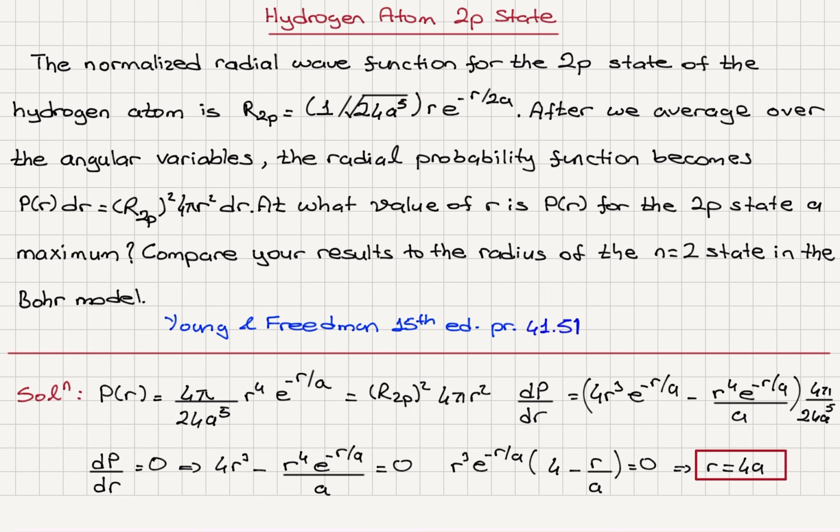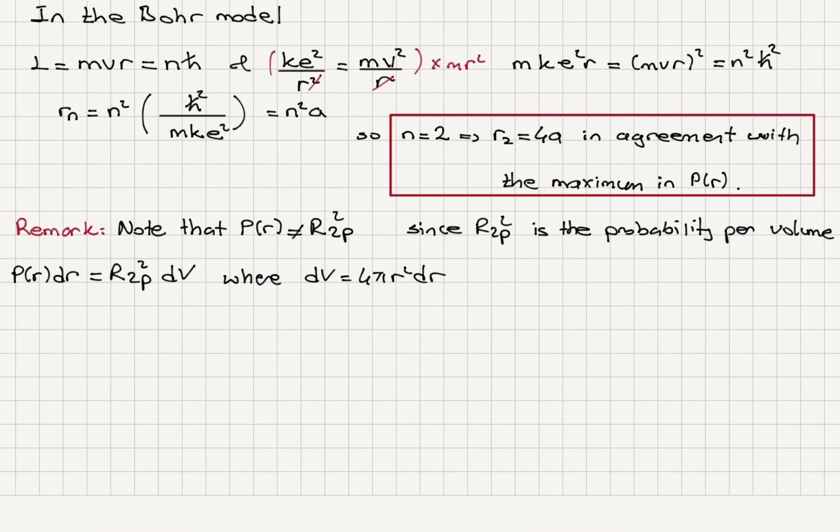We found the maximum probability by looking at the probability density as a function of r, which is probability per volume multiplied by dr. So probability per volume is R_2p squared, times 4 pi r squared, and we take its derivative with respect to r, set it equal to 0, which has three solutions: 4a, infinity, and 0. 0 and infinity give us 0 probability, but r equals 4a gives us a positive probability, so that is the maximum extremum point. Looking at the Bohr model, angular momentum is quantized, m v r is n h bar.